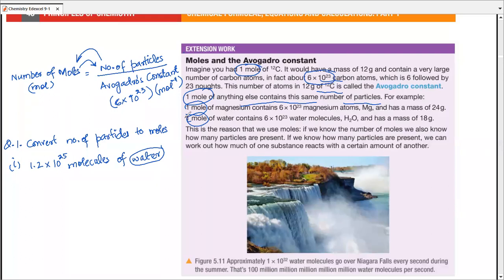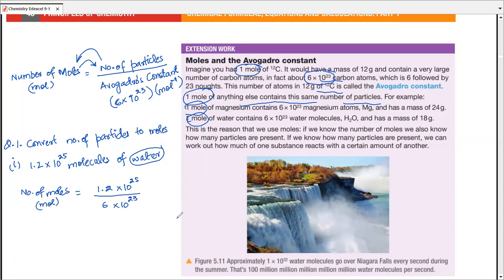Great. So I hope your answer is 20 moles, because you literally use the formula: number of moles, and the unit would be mole itself, is equal to number of particles, which now we have 1.2 into 10 raised to power 25, and we divided it by 6 into 10 raised to power 23.